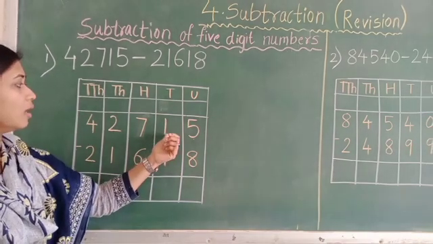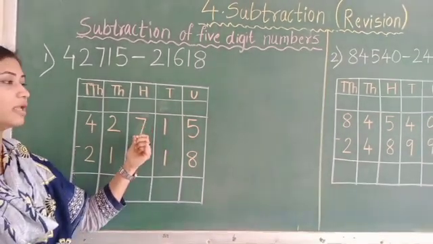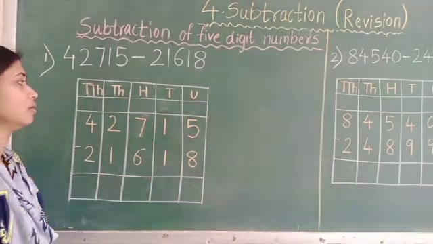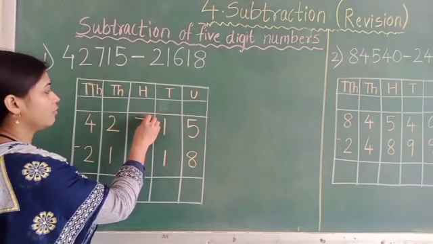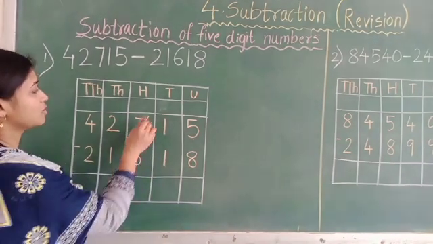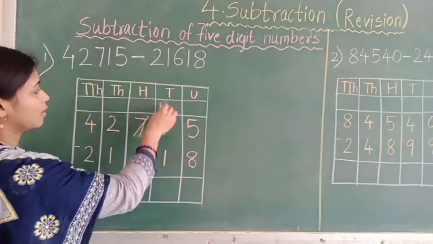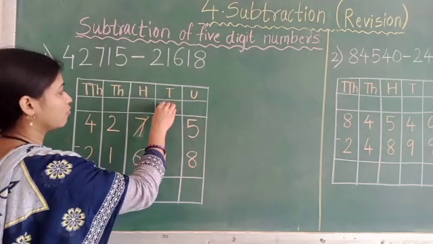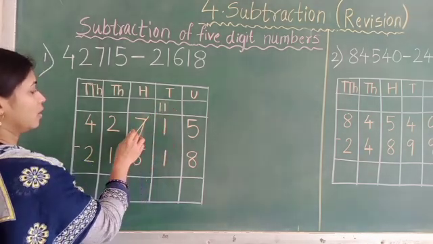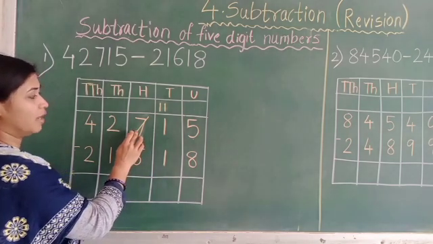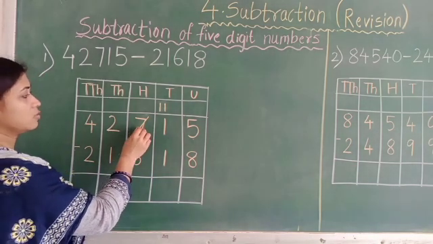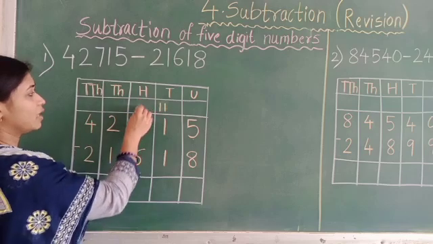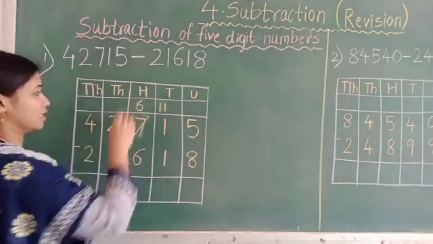So again we have to take 1/10 from the other number. So we will take 1/10 from 7 and this one unit from here. When we take 1/10 from 7, so what will come here? 7 minus 1, it will become 6.